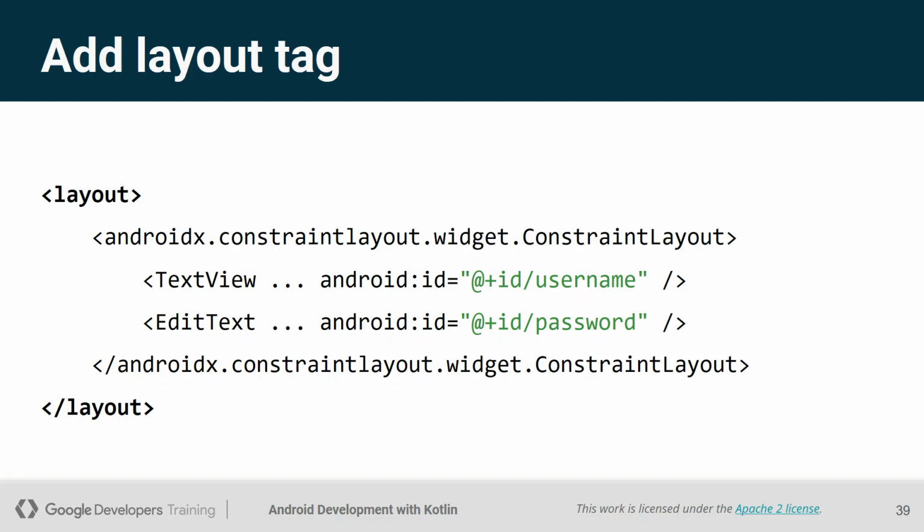Then adding layout tags. So layout tags are these ones. For example, the layout here, AndroidX, we get constraints and so on. So always you have to start with opening tags here, and then you have to close it. So how do you close it? Just the way you are used to it in HTML, closing and opening tags.